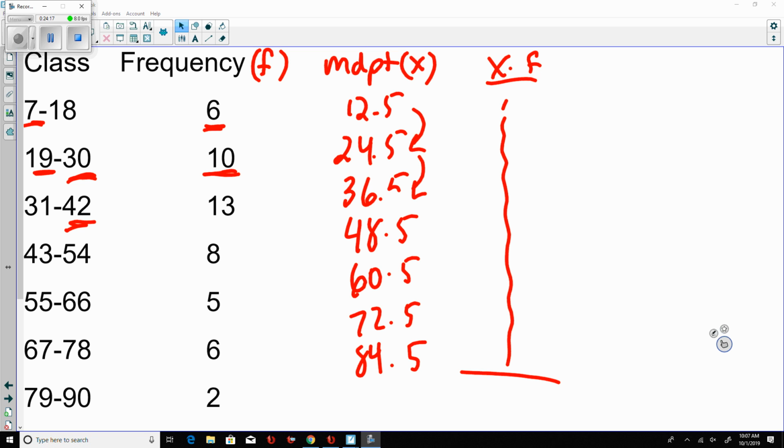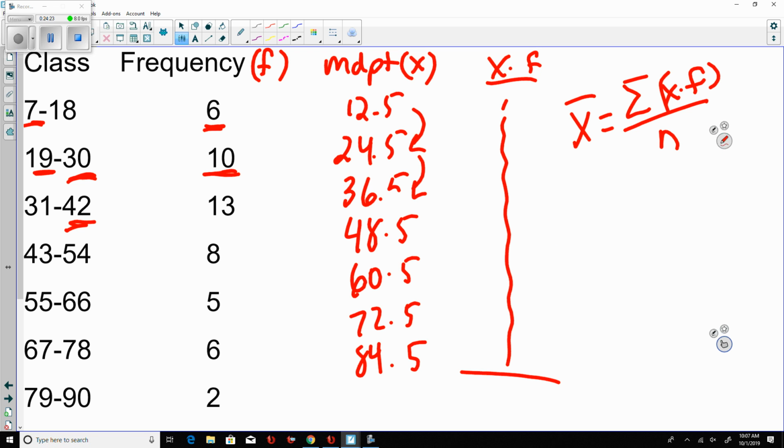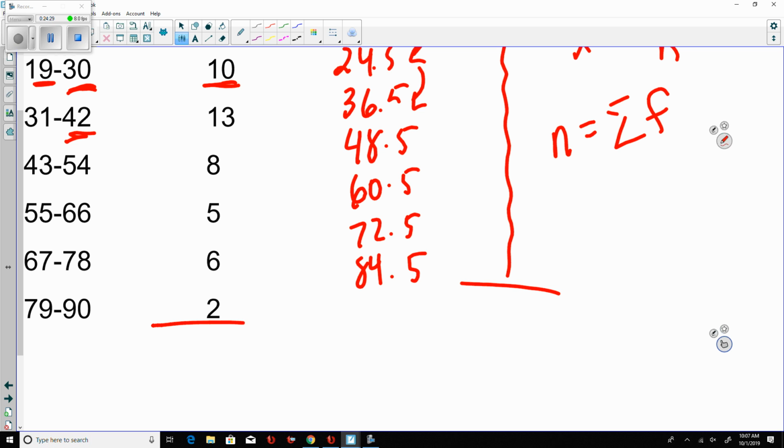So your formula for your x bar is the summation of x times f all over n, where n equals the summation of f. So that means that we need the summation of this column and the summation of that column. Okay? You do it very easily in your calculator.